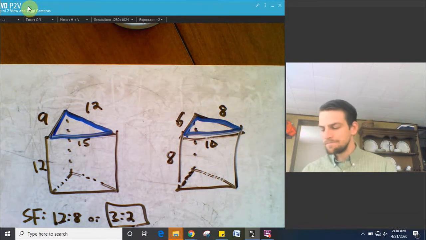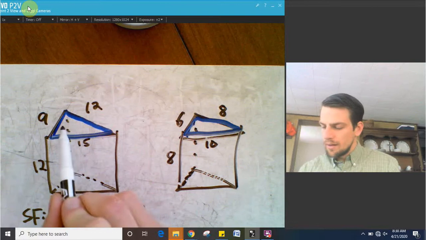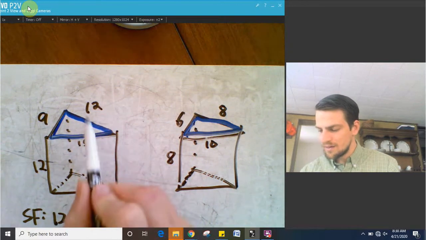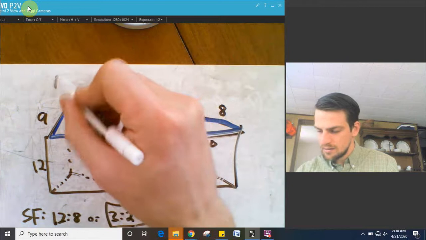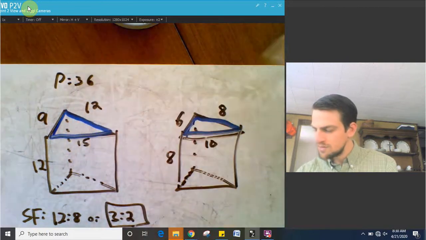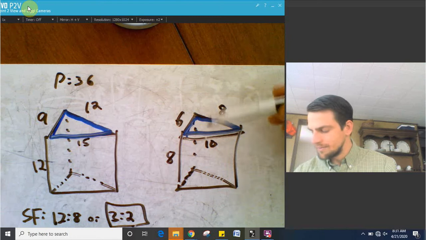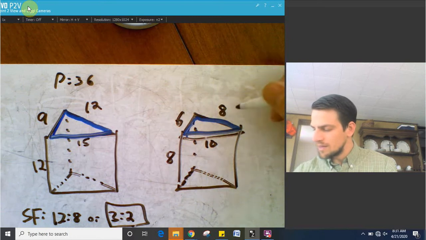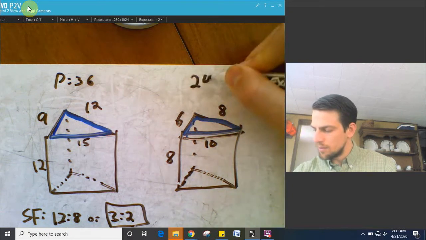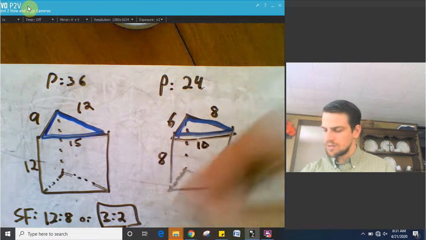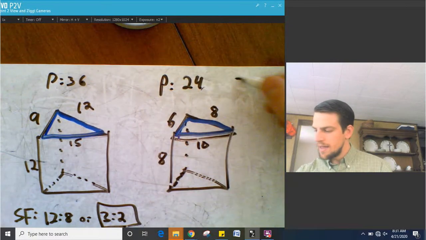So the ratio of the two perimeters is going to be one perimeter divided by the other. So 9 plus 15 is 24, plus 12 is 36. Perimeter equals 36. And the perimeter here is going to be 6 plus 8 plus 10, which is 24. And so we could see if 36 to 24 is the same as 3 to 2, and it is.